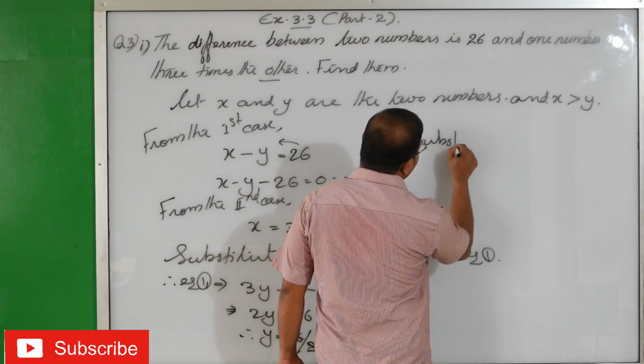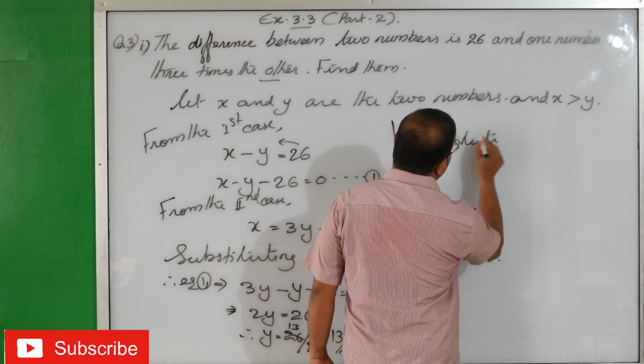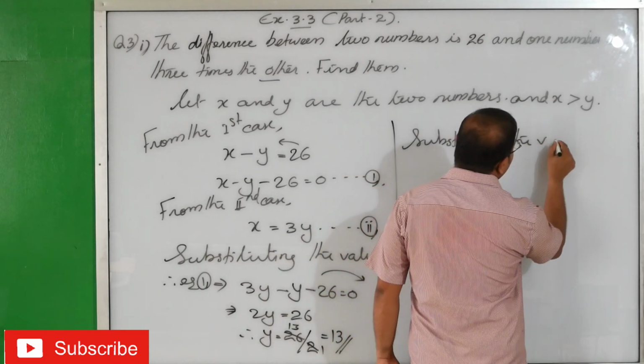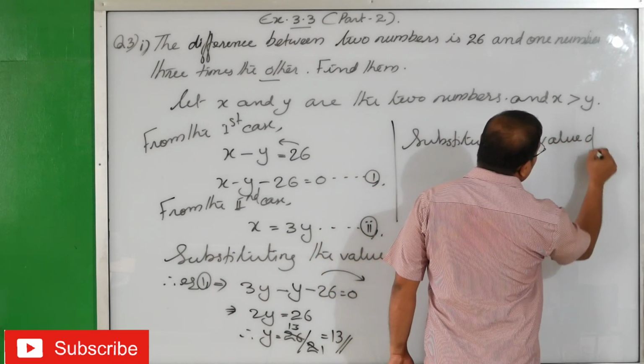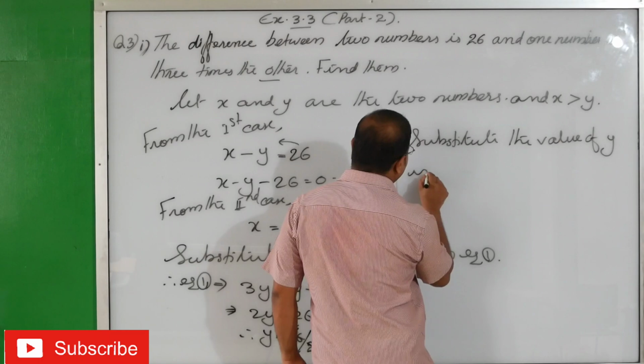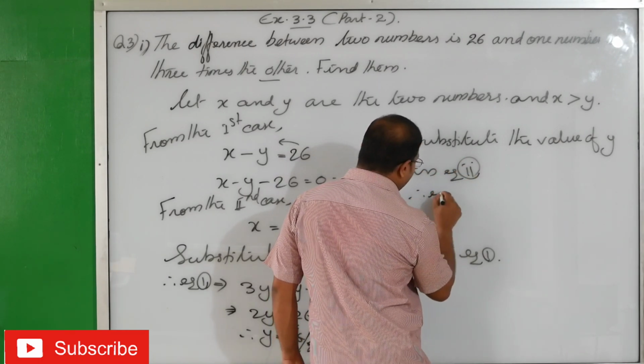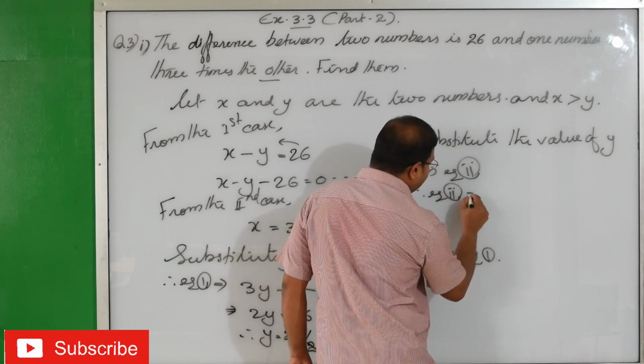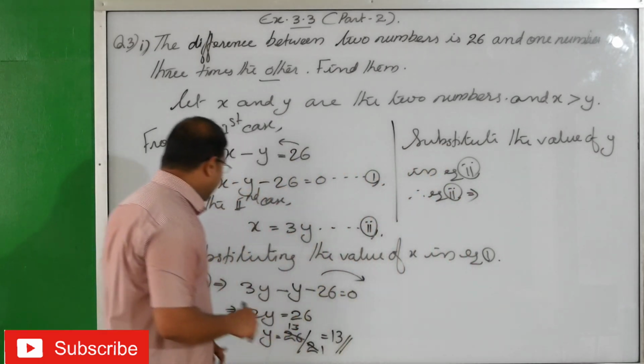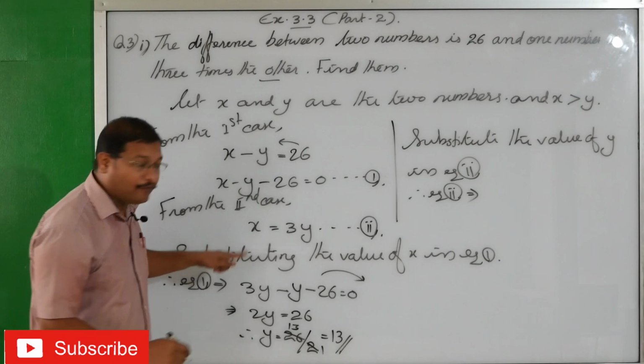Now what will we do? Substitute the value of y in equation 2. Therefore, equation 2 implies, what is the second equation? Second equation is x equals 3y.